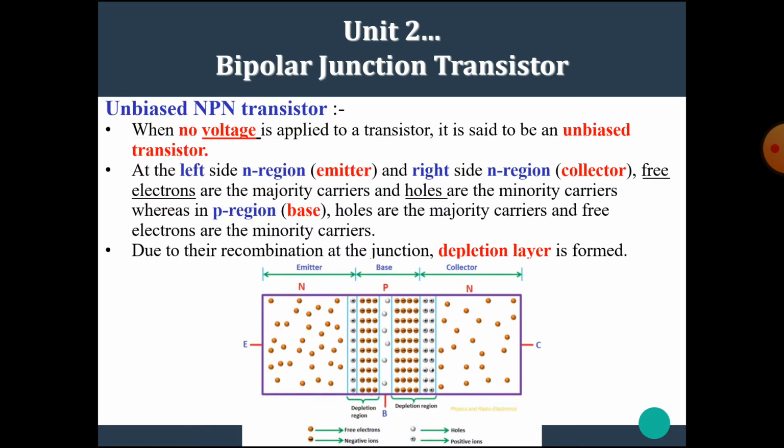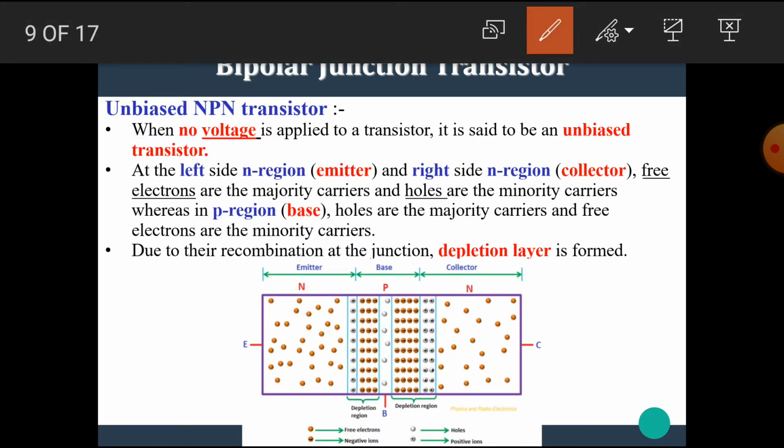Now, let's see the unbiased NPN transistor. When no voltage is applied to a transistor, it is said to be an unbiased transistor. That means when no external supply or voltage is applied to a transistor, then it is called the unbiased condition.